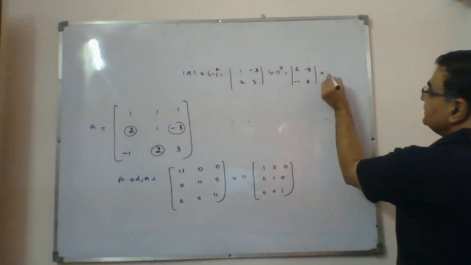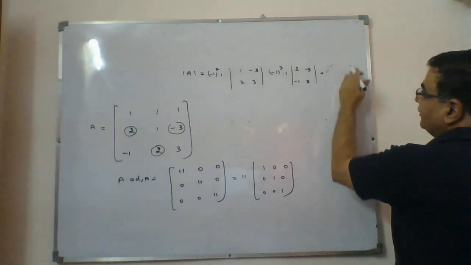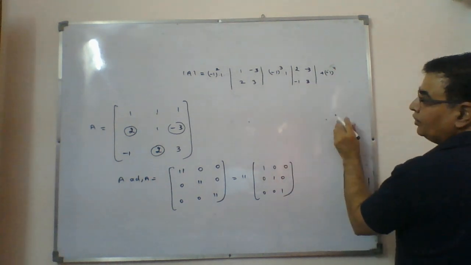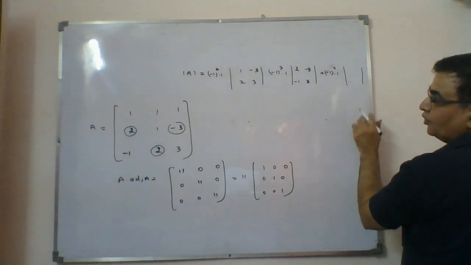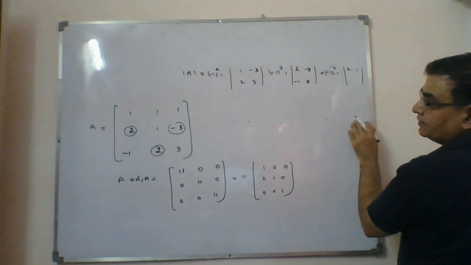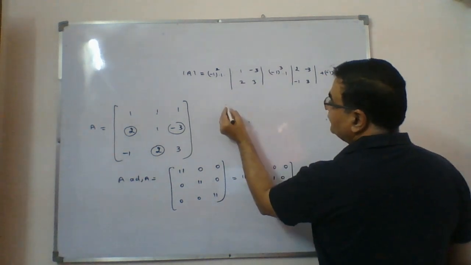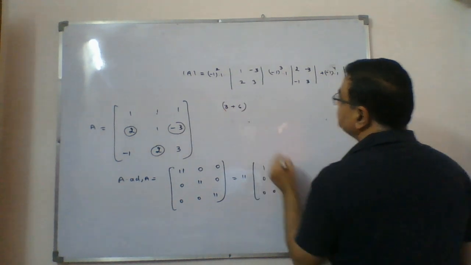And then the last is, sorry, first minus 1 power 1 plus 3, so it will be 4. The element is 1 only, and then the determinant 2, 1, minus 1 and 2. Now when you solve it, it will come 3 plus 6.